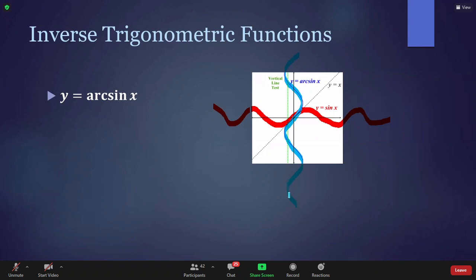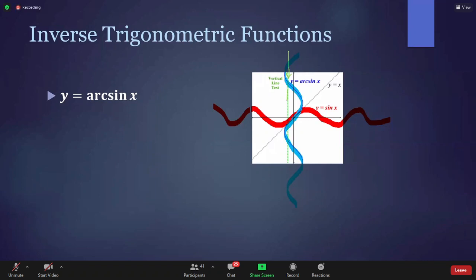So like we are putting an exam to this blue graph, and we see, of course, the vertical line test fails. So this is not exactly the complete inverse function of the sine function.